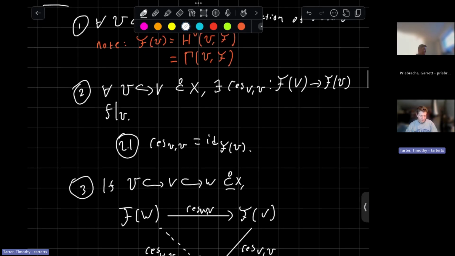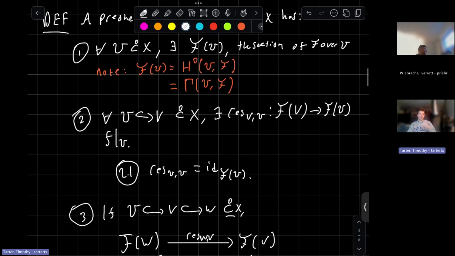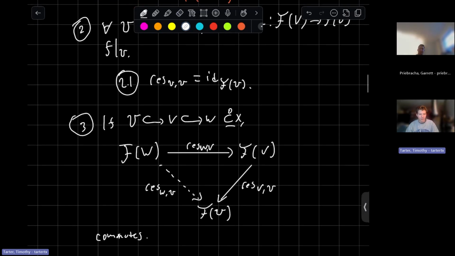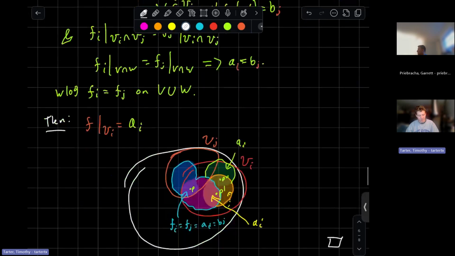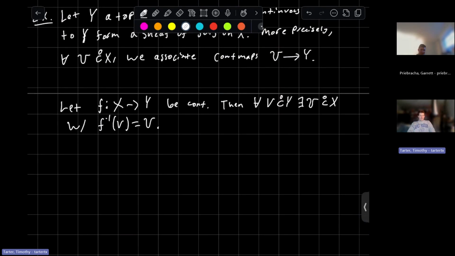If we have an inclusion map from one smaller set to a larger set, then we have a restriction map. That is also the case. And then if we have a chain of inclusions, we can also get a chain of restrictions that commutes. And I think that we're basically given that, right? Like if the inverse image of V is X, but X contains W, which contains V, which contains H, then we can restrict things down to W and H.